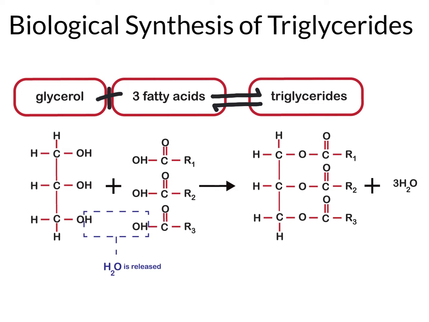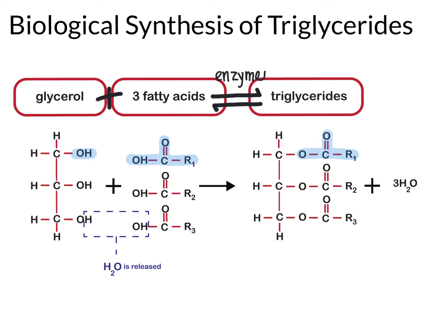Enzymes catalyze these reactions within the body to interconvert between triglycerides and fatty acids, creating an equilibrium back and forth in this reversible reaction. Within this reaction, as we dissect it, what we see is that one of the alcohol groups reacts with one of the fatty acids to give an ester product up here.